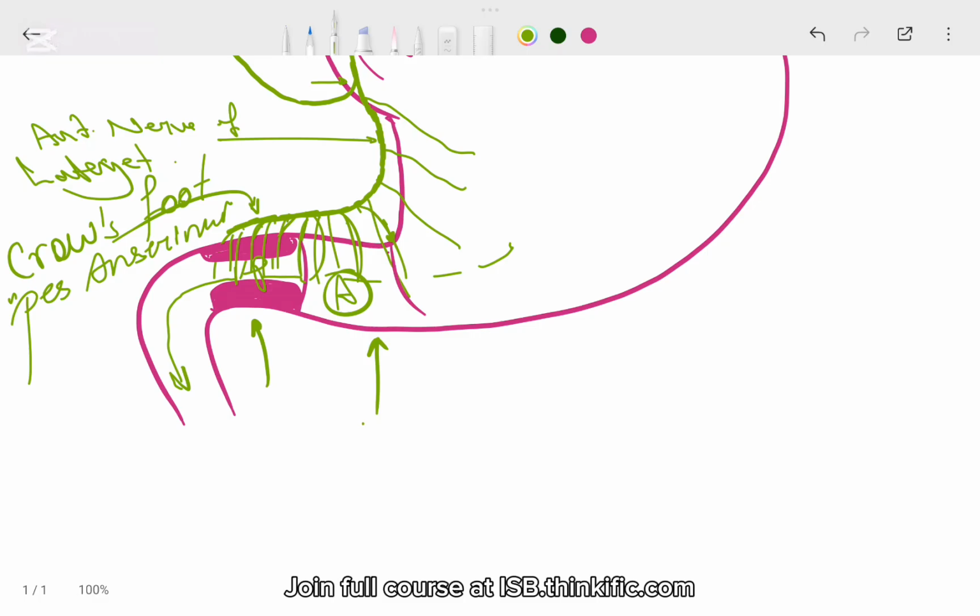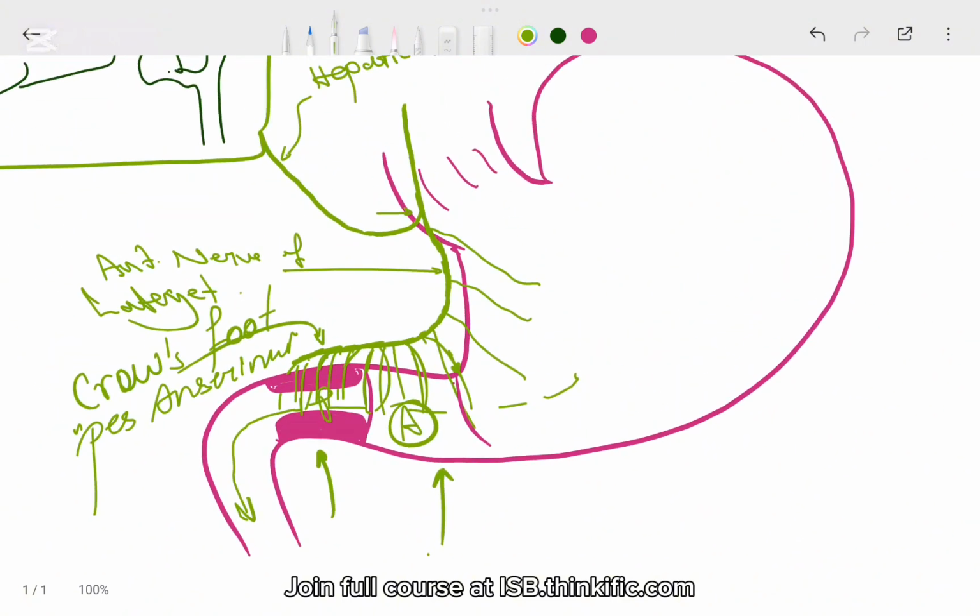Okay? So there used to be an operation for peptic ulcer disease, before the era of proton pump inhibitors. This is called vagotomy. There are multiple variations of this operation, such as truncal vagotomy, where the main trunks of the right and left vagus nerves are divided, and selective and highly selective vagotomy.